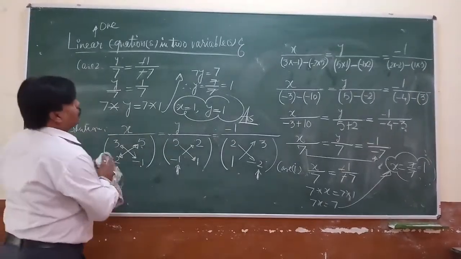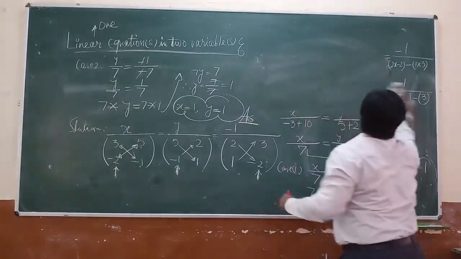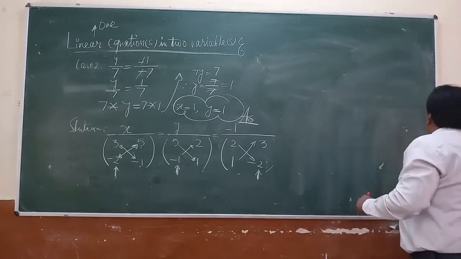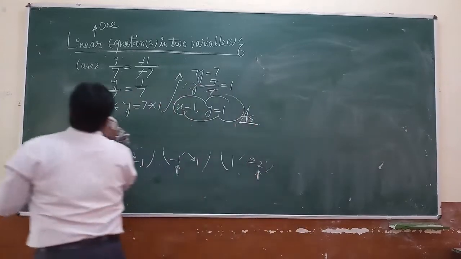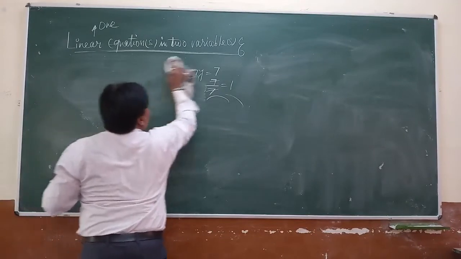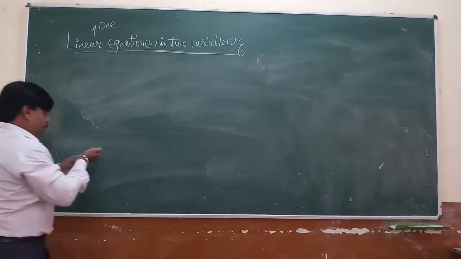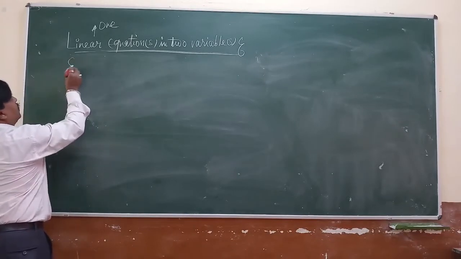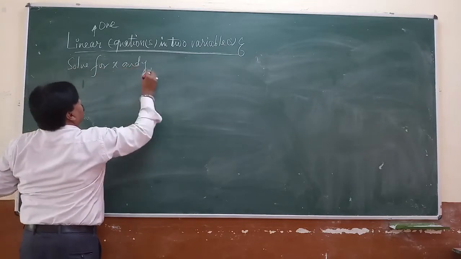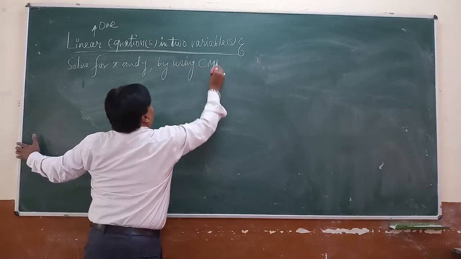So I am taking an example for the literal linear equations. Let the question be: solve for x and y using the cross multiplication rule.